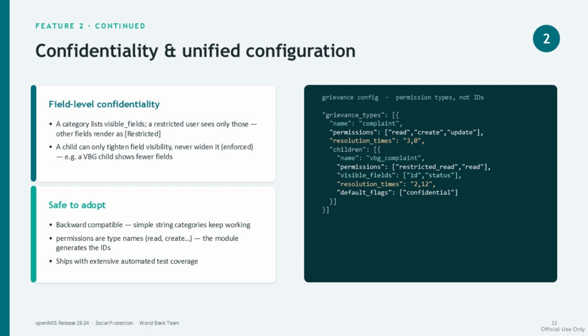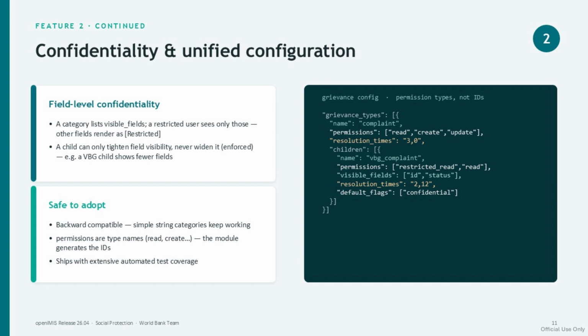So you have an example of configuration where you can define the grievance type, the name, and the associated permission, whether it is read-only, create, or the permission that you can give to a given role, and the default resolution time configuration. This complaint category can define children.